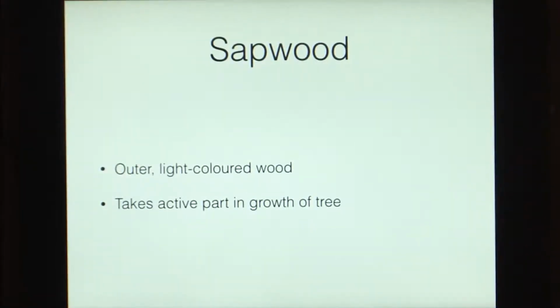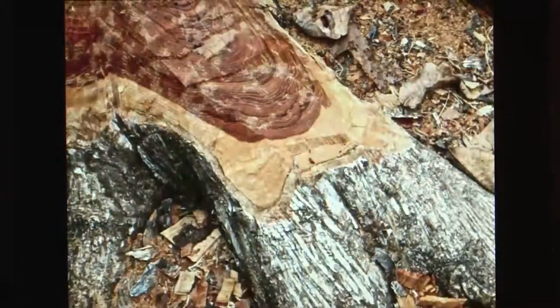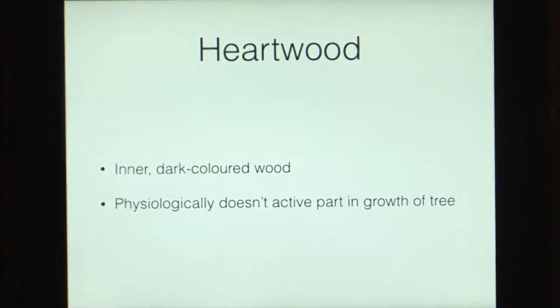It takes active part in the growth of the tree, and what we have inside is called the hardwood. Hardwood here is shown in brownish color as we see it on the stump as well. So, hardwood is the inner dark colored wood, and it is physiologically not active in the growth of the tree.